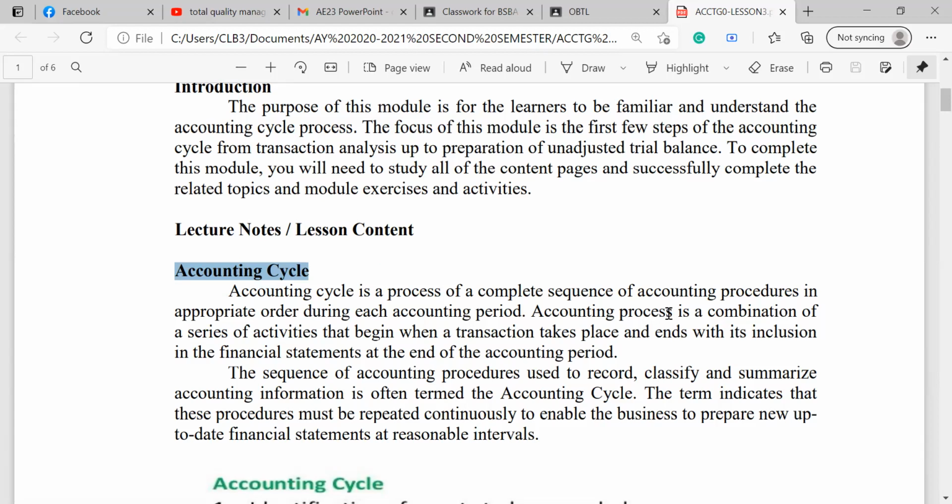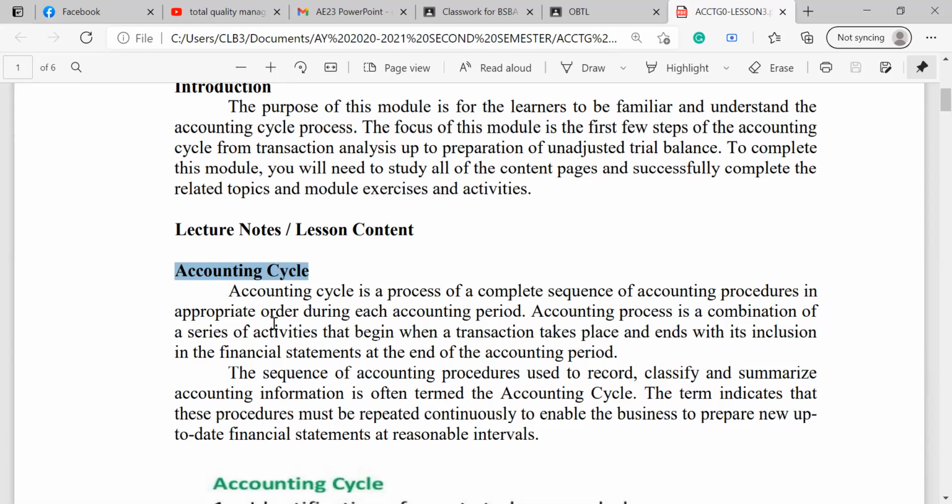Okay? Accounting process is a combination of series of activities that begin when a transaction takes place and ends with its inclusion in the financial statements at the end of the accounting period. So, when we defined accounting last time, in-identify natin doon the activities of the business, whether ito po ba ay i-record.